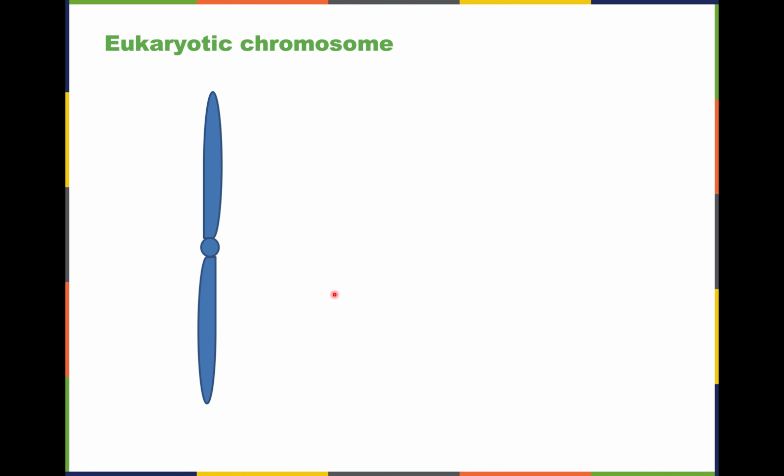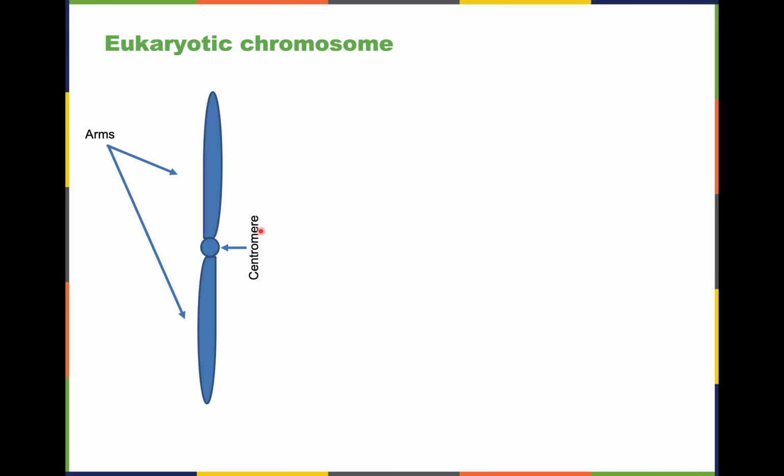Okay, so let's dive a little bit more into the structure of a eukaryotic chromosome. And usually we draw it with something like this. These two shapes on the top and bottom, we call them the chromosome arms. And this structure represented as a circle, we call the centromere.